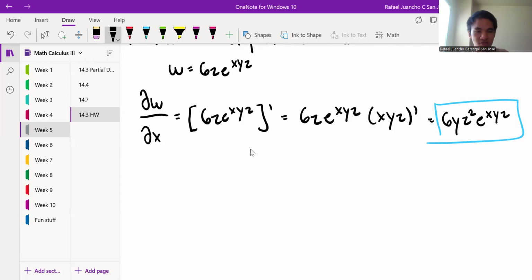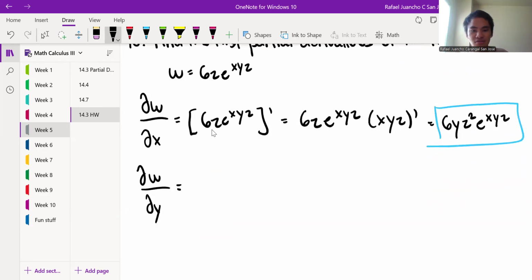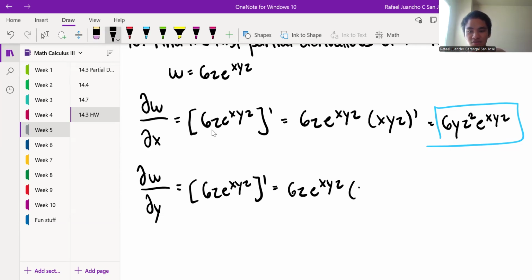Okay, that's all the others. How about we take a look at the partial with respect to y? Well, if you want to do with respect to y, again, we do the same thing. And then from here, we take x and z as numbers. So we leave 6z. We take the derivative of e to the xyz, and then we do a chain rule here.